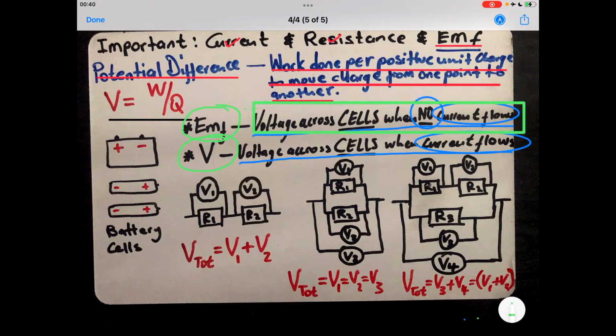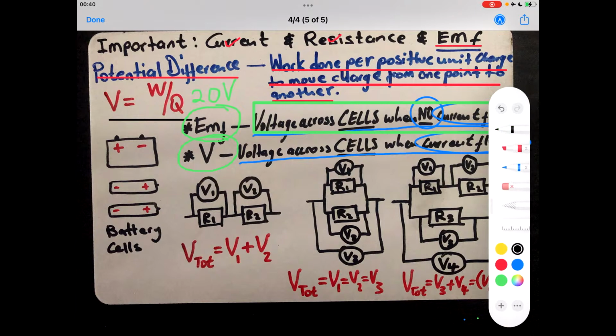So that means if you connect a cell or a battery while it is still new, maybe it is 20V. While it is still new, honorable members, it has what we call the EMF being 20 volts.